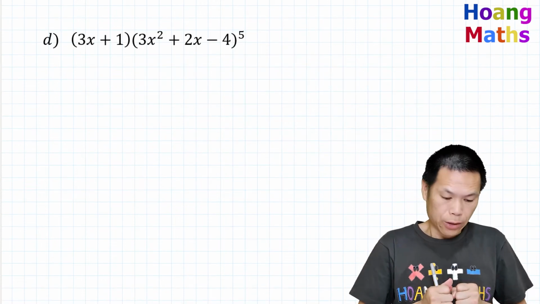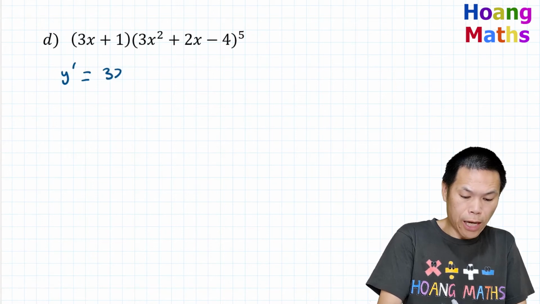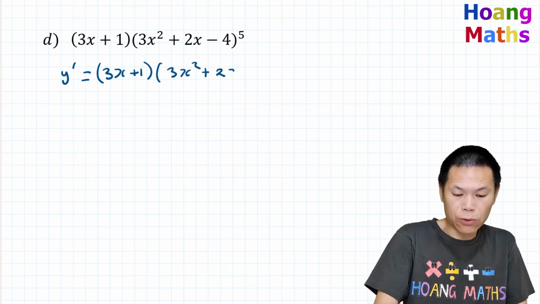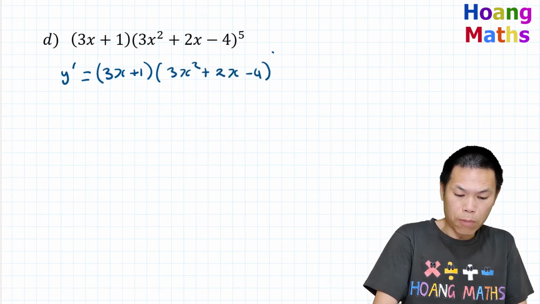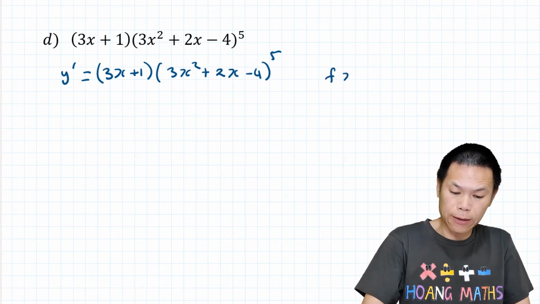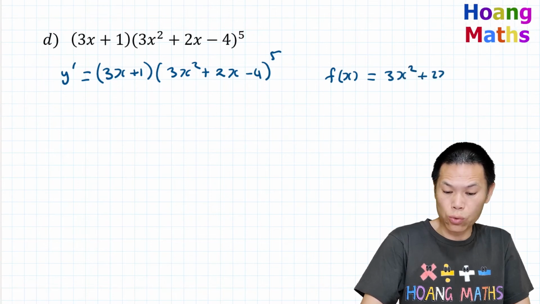Last one. So y' is equal to 3x plus 1, we times by (3x^2 + 2x - 4)^5. So let me just write this down. So let's say f(x) is 3x^2 plus 2x minus 4.